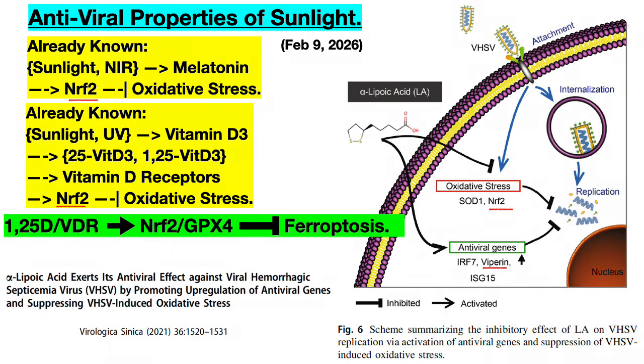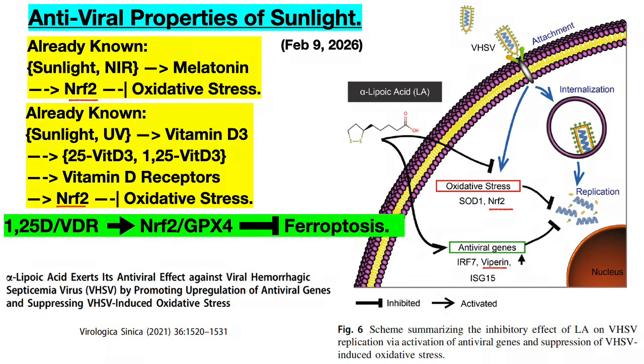You see the structure of lipoic acid, not seeing the receptor and transduction pathways, but the results. Inside the cell, you see a red box, oxidative stress. Lipoic acid, indirectly by stimulating pathways, including the upregulation of NRF2, stimulates the suppression of oxidative stress.